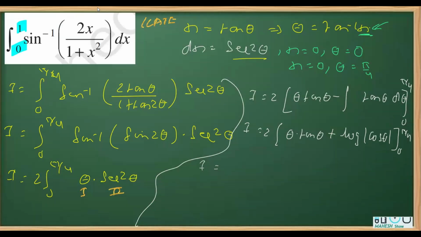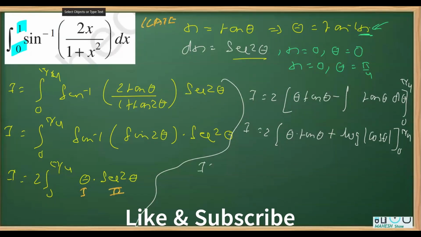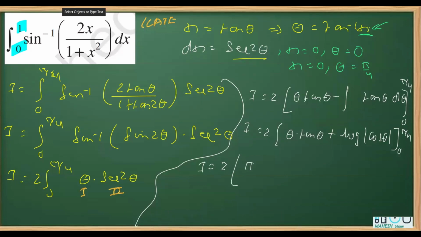Now let's place the values here. This is theta, the upper limit, which is pi by 4 into tan pi by 4, plus log mod cos pi by 4. This is the upper limit minus the lower limit.